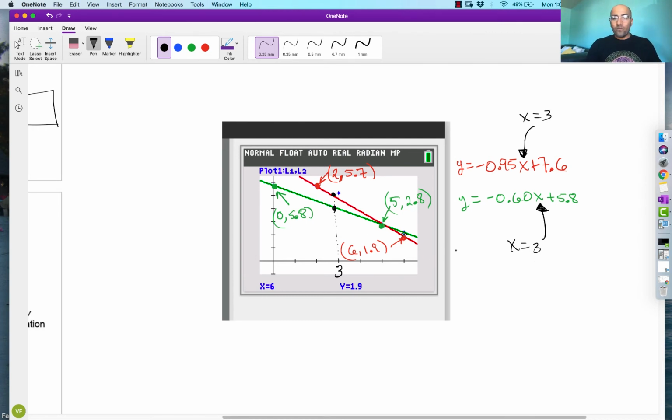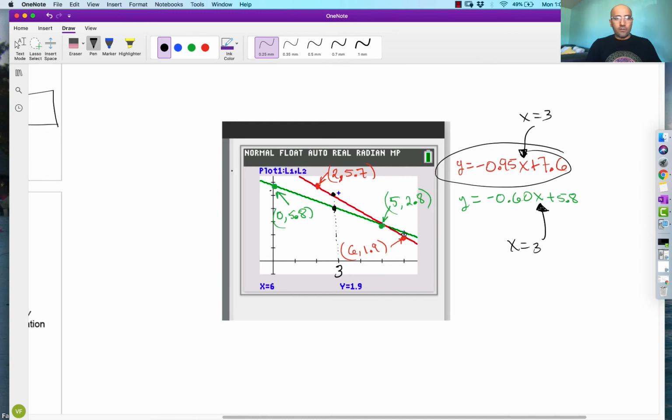So let's just stick to the one that the author did. The author used this point, and then created this red line. And so if x equals 3, it's going to be approximately this tall.